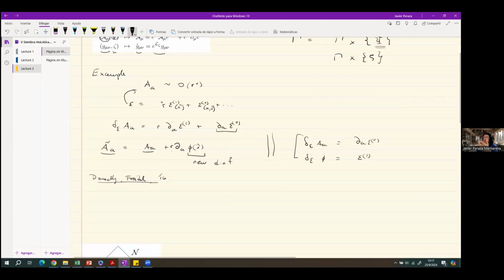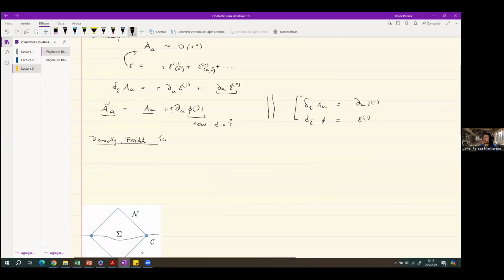So what they say is, you have a finite domain, Sigma. You have some diamond around Sigma and the corner in here, and this is a subsystem of a larger spacetime. And they want to study how these large gauge transformations interact in this boundary here, in the null boundary.